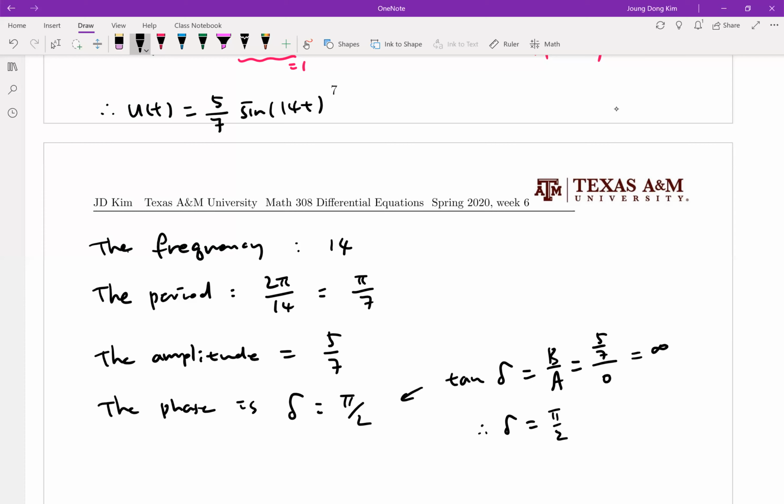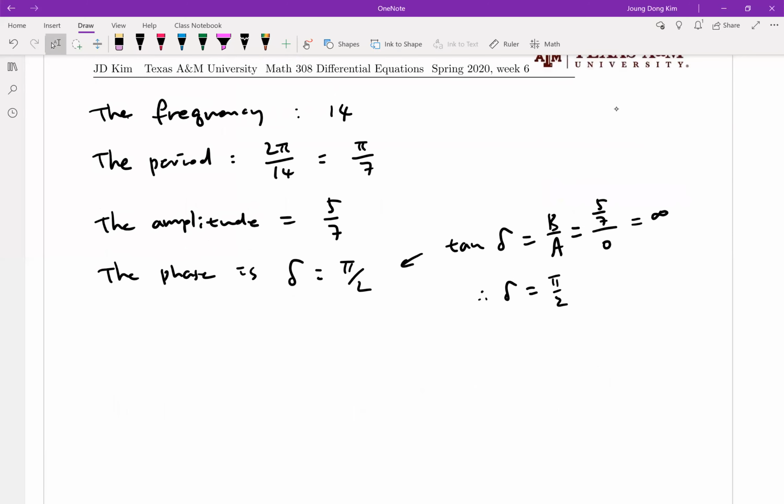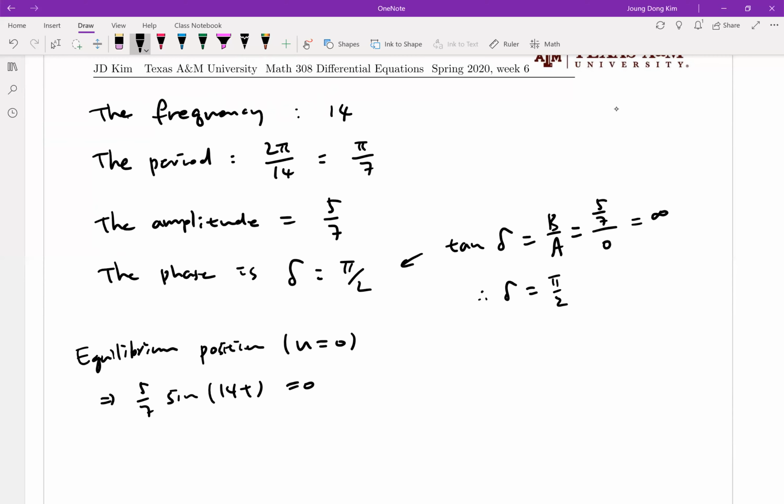Also in this problem, they ask you to find when it will reach the equilibrium position again, for the first time. How can I do it? That means u equals 0, so we simply set u equal to 0.